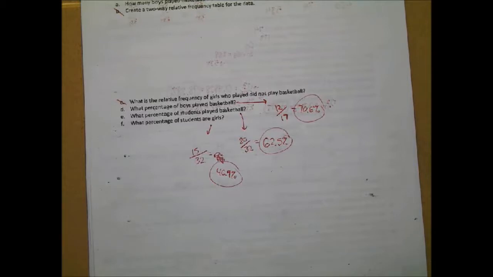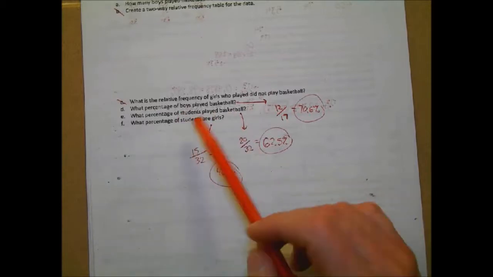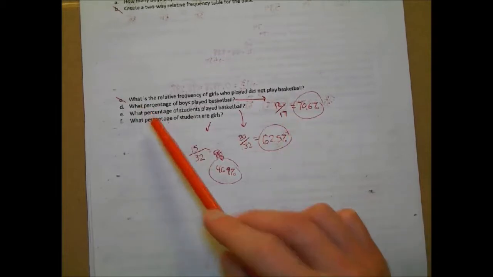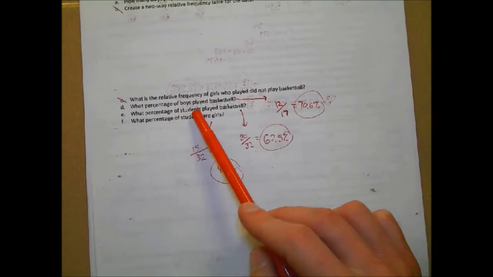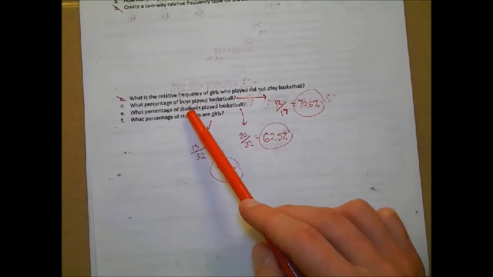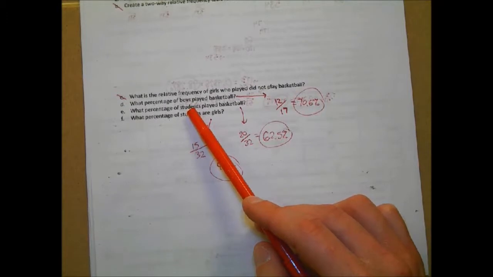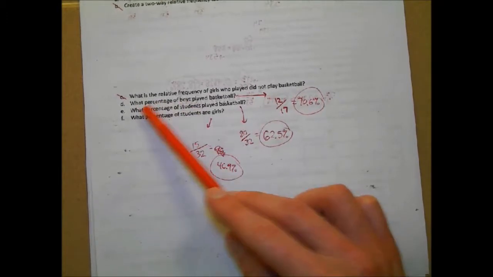I think what you're saying is you should say should it be 12 out of 32. But when it says, like E, what percentage of students played basketball, that makes me feel like the denominator should be the number of students, right? Because it's out of the total number of students. Here it's saying, what percentage of boys played basketball?